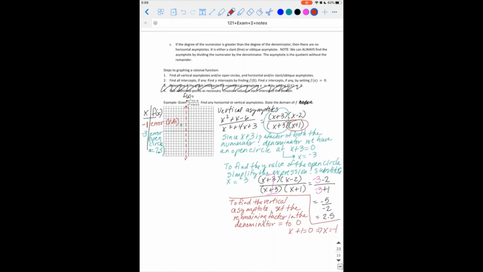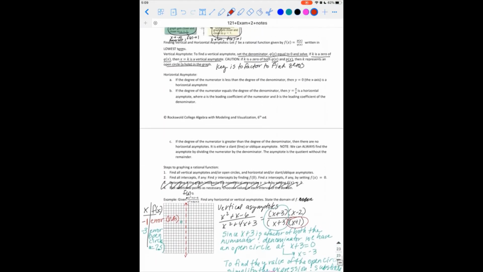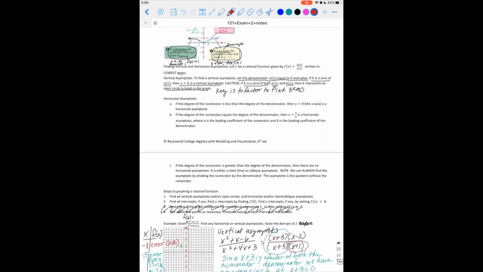Now horizontal asymptotes. So what do the instructions say for horizontal asymptotes? It says if the degree of the numerator is less than the degree of the denominator, then y equal to 0, which is the x-axis, is going to be your horizontal asymptote.